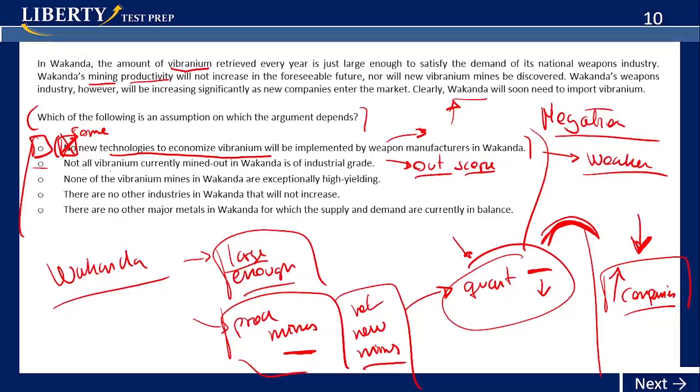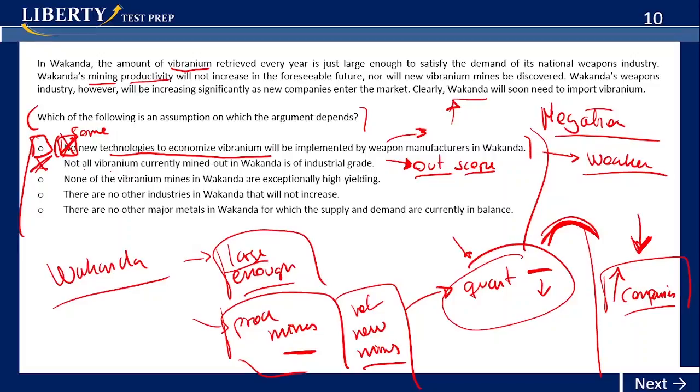But still, we don't know how much of the vibranium before and after has been of industrial grade and how much hasn't been. So there is no way for us to know if that's the case. Okay, that has nothing to do with the assumption here or with the conclusion.